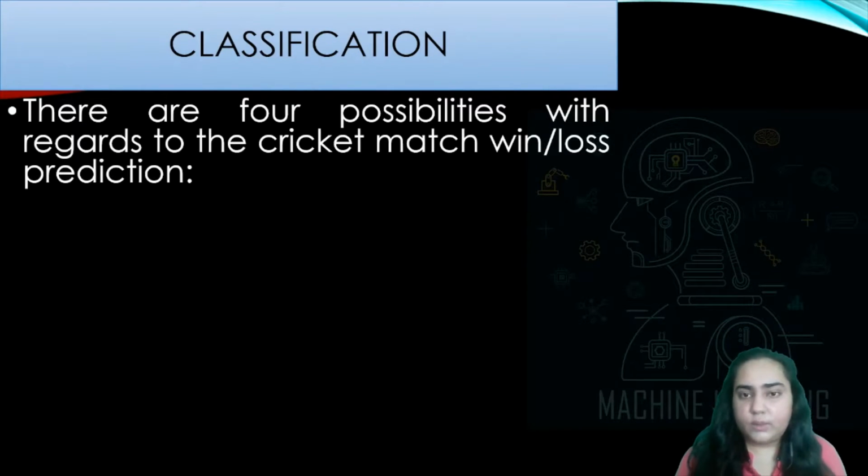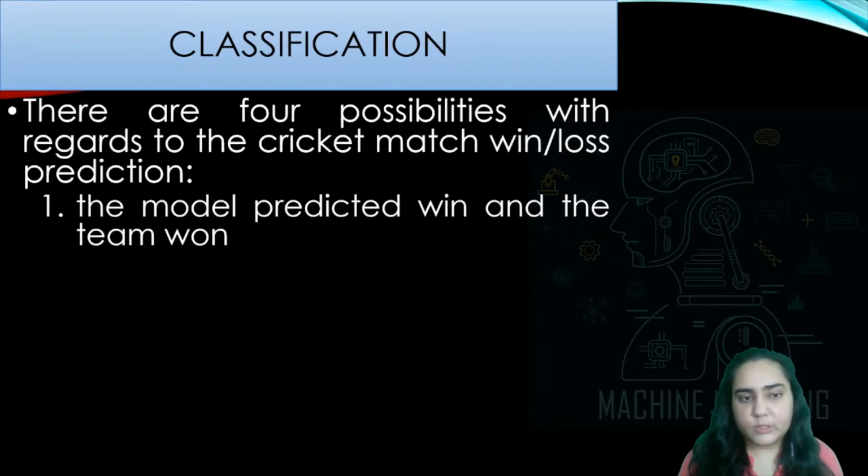Now, when you're dealing with classification where there are only two classes, there can be four possibilities. So think about a cricket match and think that your model is going to predict whether the match is going to be won or it's going to be lost. So there are two things, win and loss, and there are four possibilities.